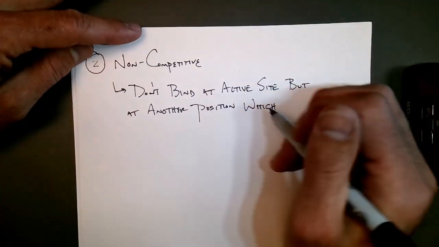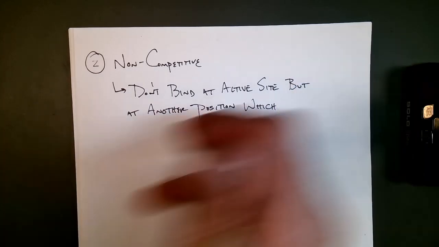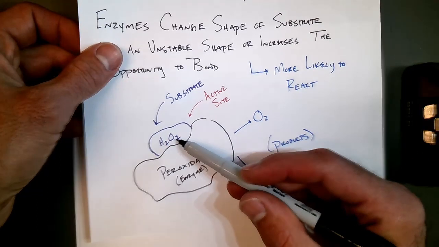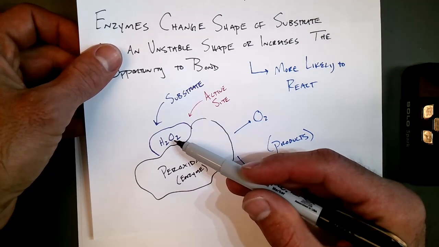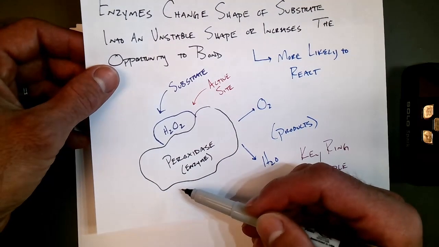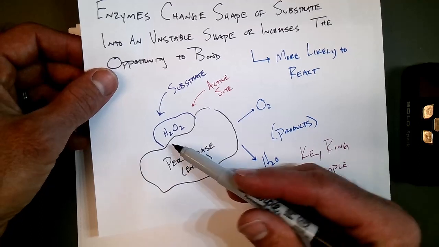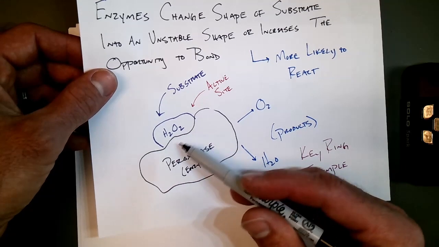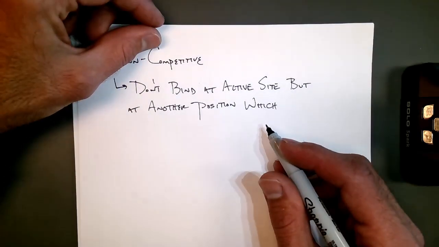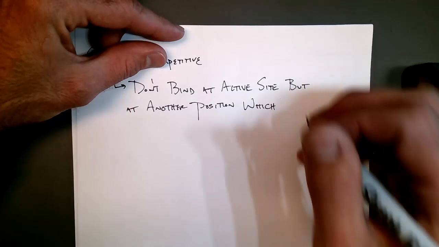If we pull back up our diagram of our enzyme, they're binding somewhere else. A competitive inhibitor is binding here, not allowing the substrate to bind. A non-competitive inhibitor is going to bind maybe down here, somewhere else, which is going to change the shape of the enzyme, and then the active site shape changes and doesn't allow access to that substrate. So it doesn't bind at the active site, but at another position, which can cause an enzyme shape change.